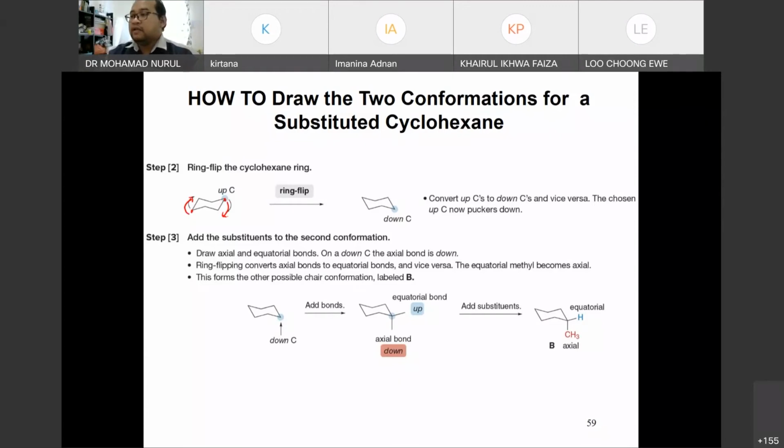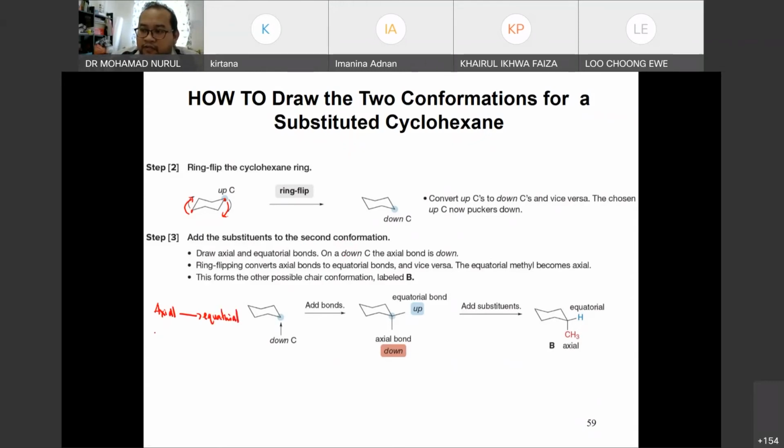For the third step, add the substituents at the second conformation. In this case, you have to change. In the first structure, if they are in axial positions, when it is flipped, they become equatorial.